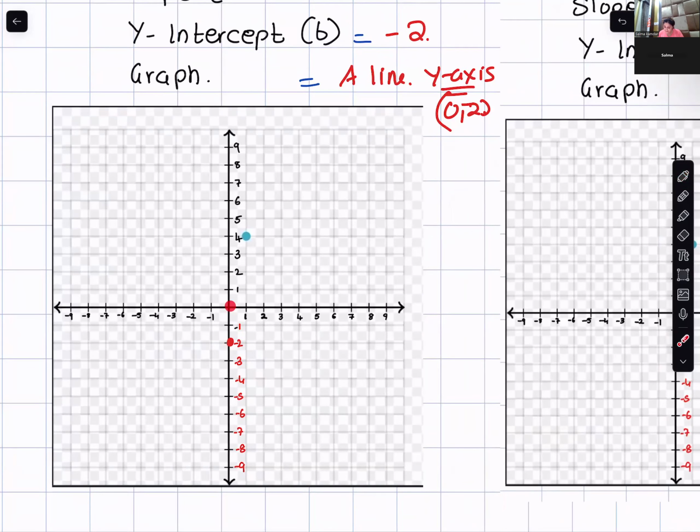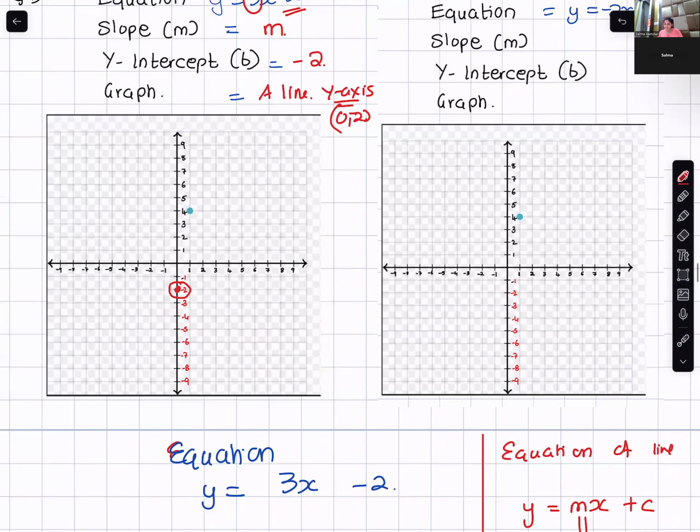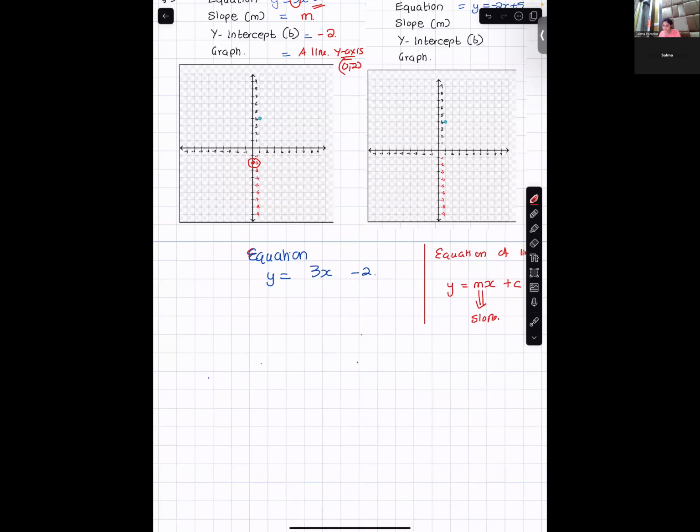So 0 is over here, 0 for x and minus 2 over here. So the first point is over here. Now I have to see the second and the third point. How will I find the second and the third point? I have to find my x coordinate and y coordinate. When x coordinate is 0, y will be minus 2.